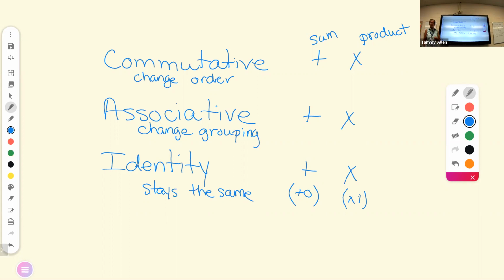Does that make sense? All right. So we might call this choice A, choice B, and choice C. Or actually, this will be easier.